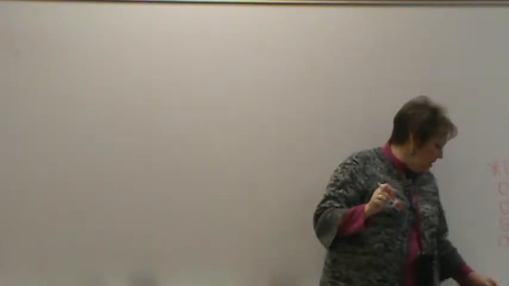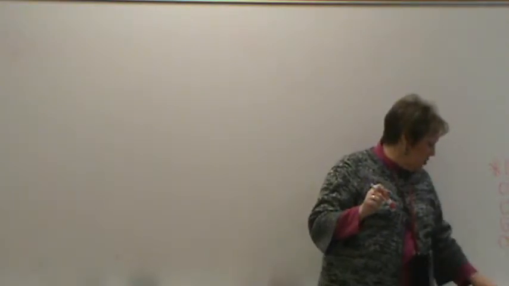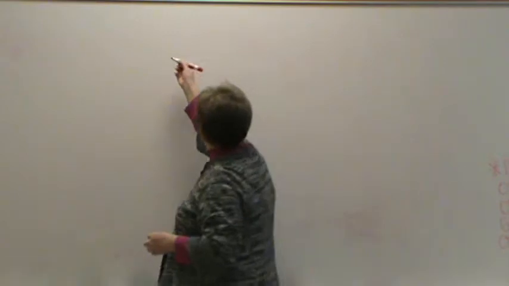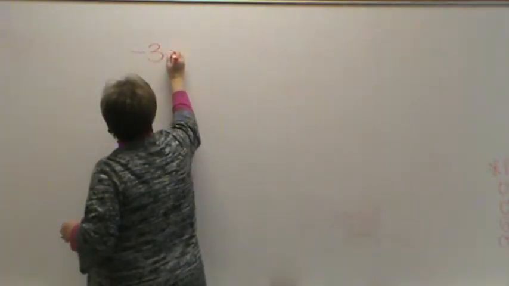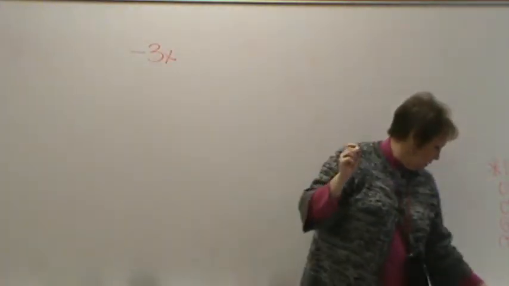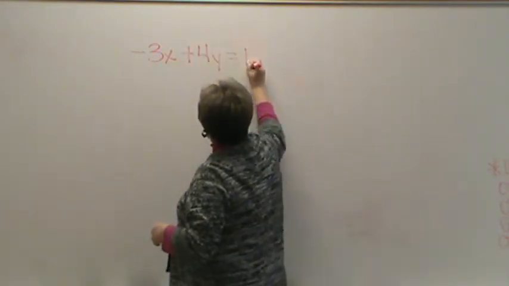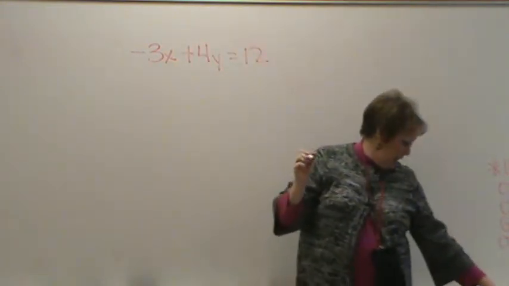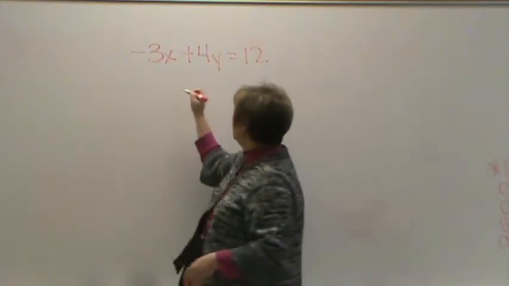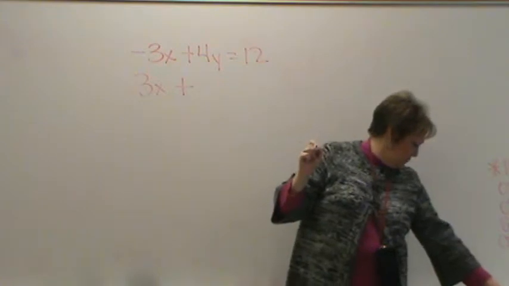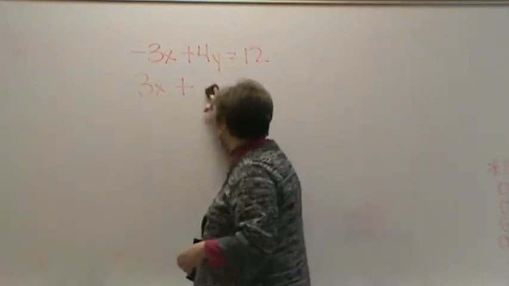Alright, solving a system of equations using elimination. Negative 3x plus 4y equals 12, and 3x minus 6y equals 18.